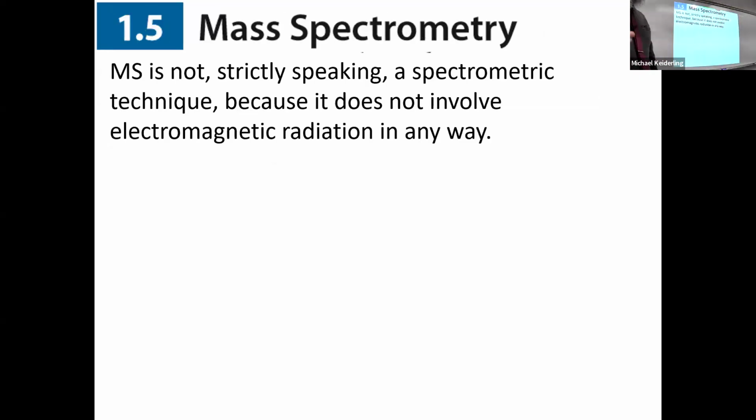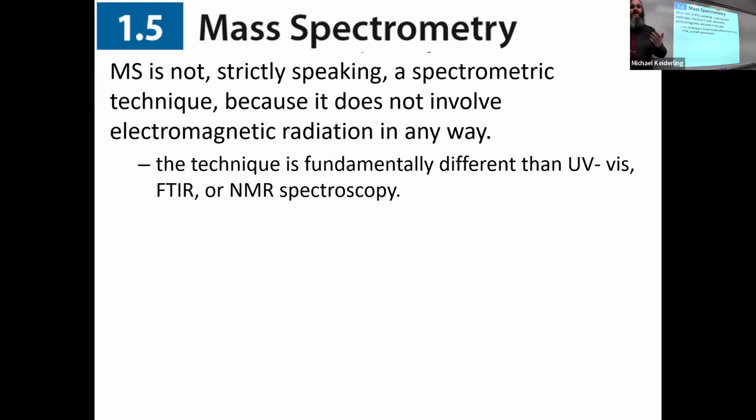And then mass spectrometry is not strictly speaking spectrometry, because it doesn't involve light, which is what the spectra part is. But we're separating things out by mass. It's fundamentally different from UV-Vis, FTIR, and NMR spectroscopy, because those all input light and look at light that comes out.